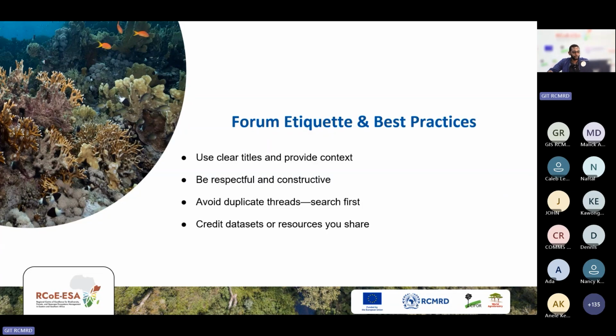First, you could do a search on the platform and see whether it has been posted before, so that you do not duplicate threads. And also credit the data sets and resources that you share on the platform. This is highly advocated because it also promotes non-plagiarism, so credit the data sources very much.